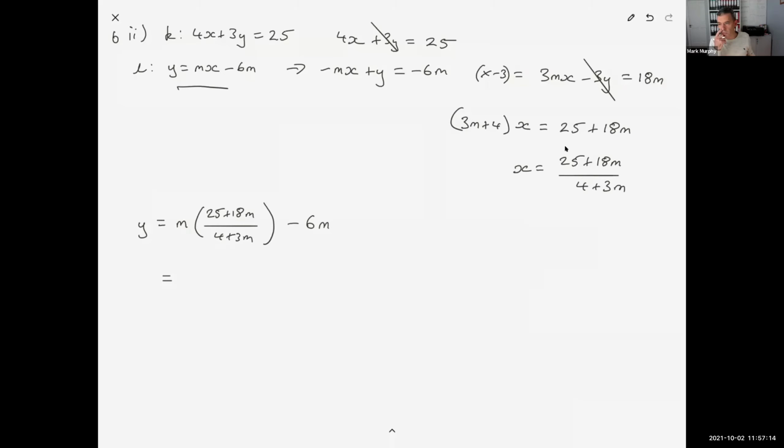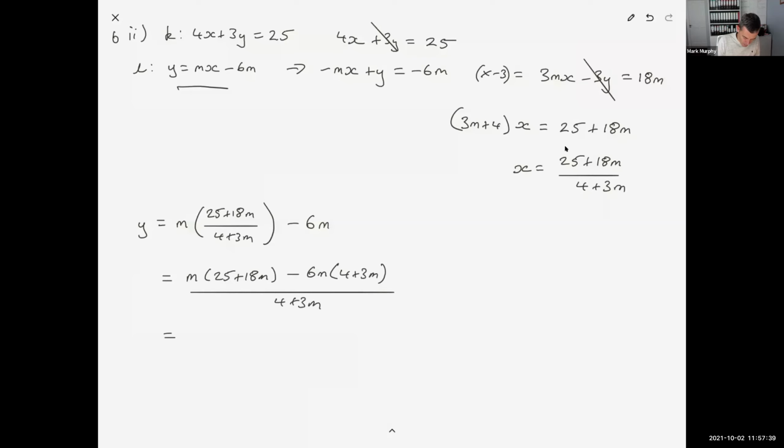So it becomes m into 25 plus 18m, minus 6m into 4 plus 3m, all over 4 plus 3m.